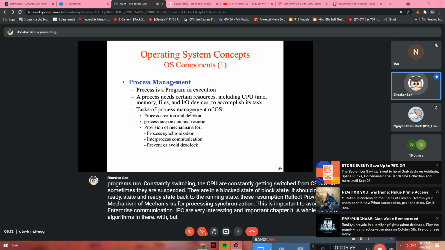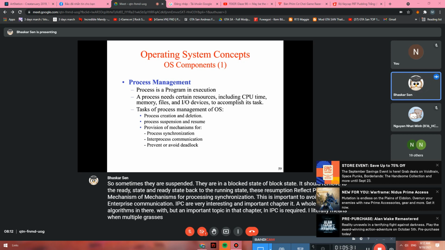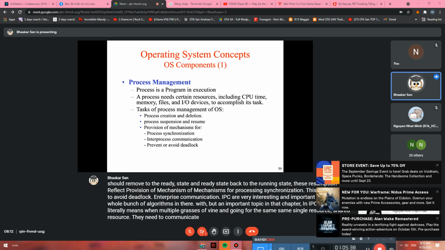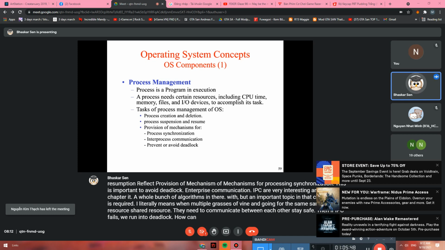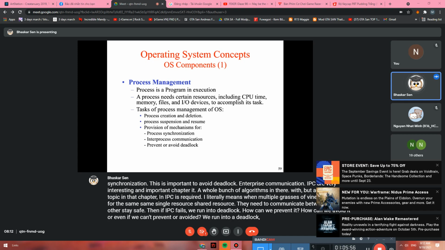IPC is required when multiple processes are vying for the same single shared resource; they need to communicate between each other to stay safe. Then, if IPC fails, we run into deadlock. How can we prevent it? How can we avoid it? Or even if we can't prevent or avoid it and we run into a deadlock, how can we resolve it?